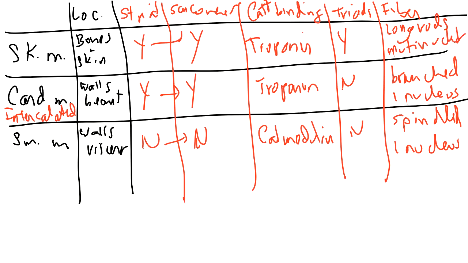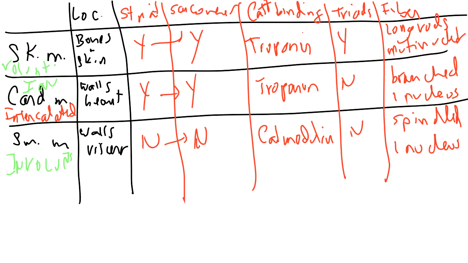Another characteristic that we talked about was whether the muscle was voluntary or involuntary. Skeletal muscle was voluntary, which doesn't mean that we're always going to use it voluntarily. It just means that we can if we want to. Cardiac muscle was involuntary, and smooth muscle was involuntary. With voluntary and involuntary came also the type of motor neuron that innervated the muscle.